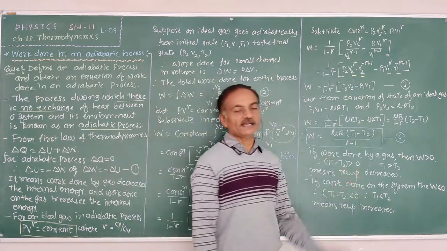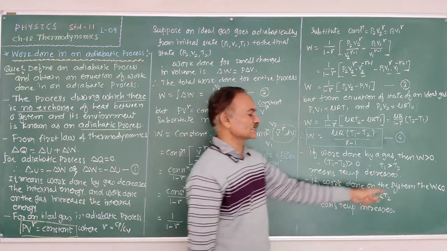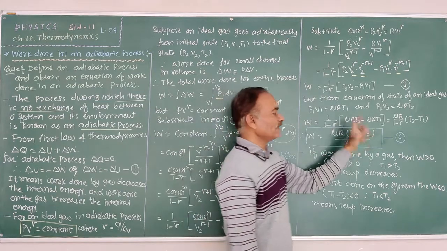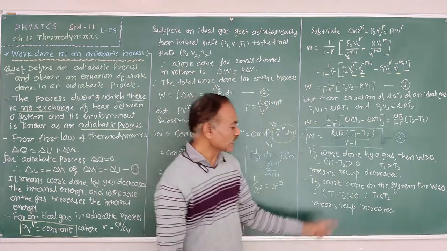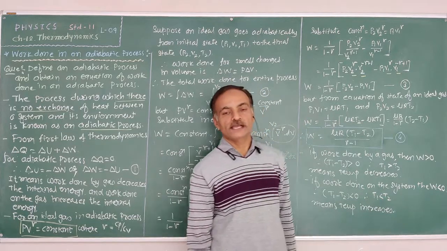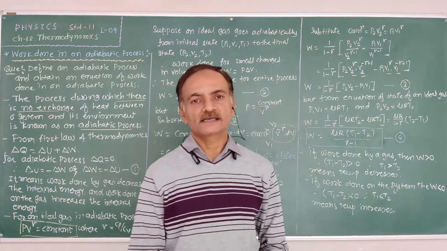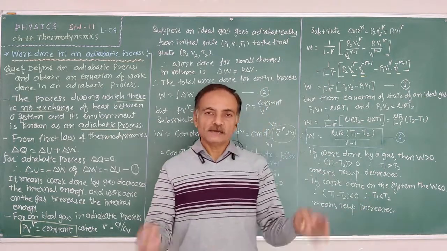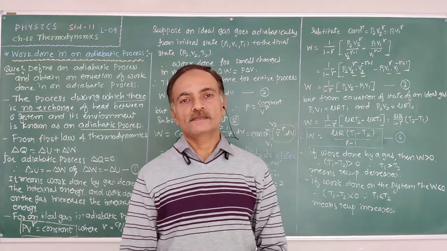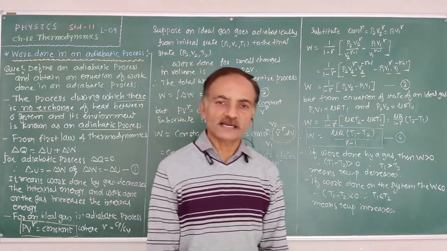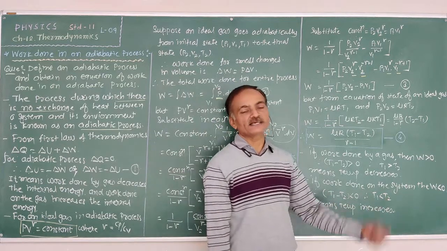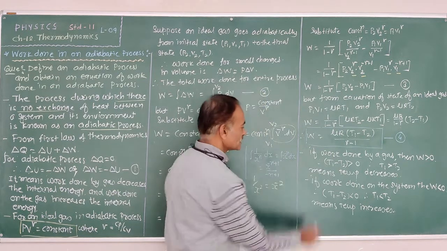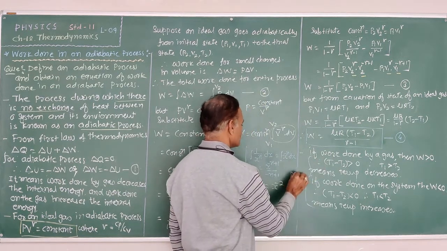Now, if work is done on the system, W is less than 0, so T1 minus T2 is less than 0. That means T1 is less than T2, and the temperature increases. In short, if the environment does work on the system, the system is compressed, work done is negative, and temperature increases. Clear? This is important for MCQ type questions.